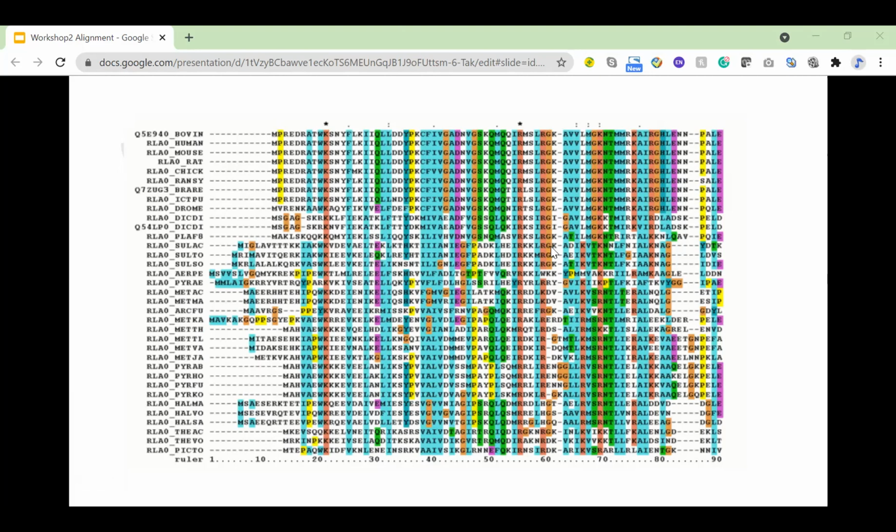So we really want to achieve the global optimization, or the global best solution, rather than a local best solution. If you look at RLA0, PLAF8 and SULAC, those two obviously are not locally aligned really well.